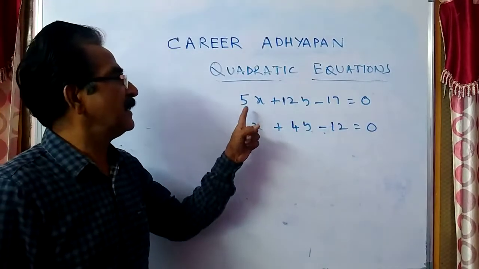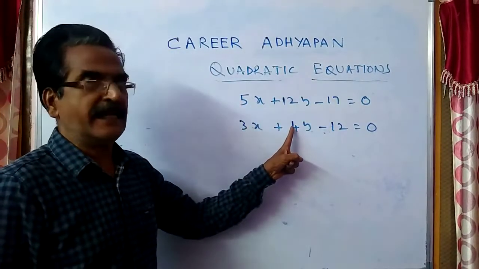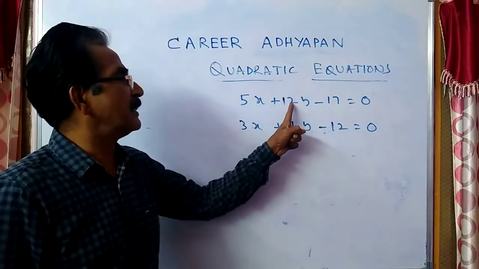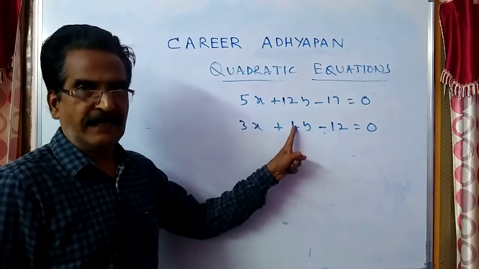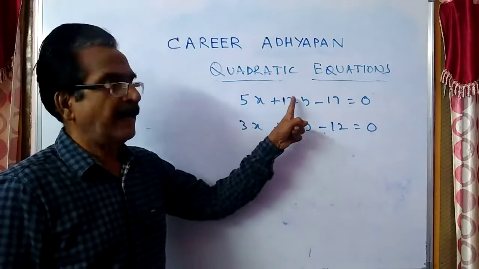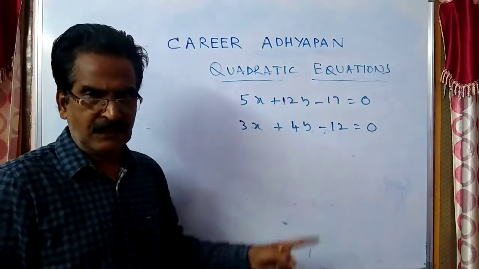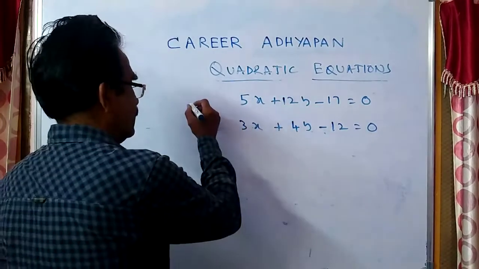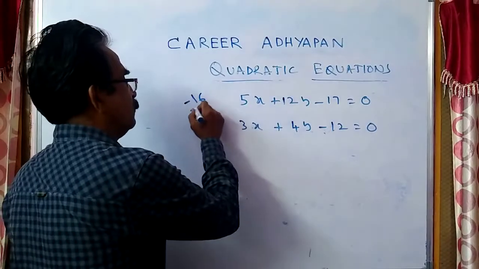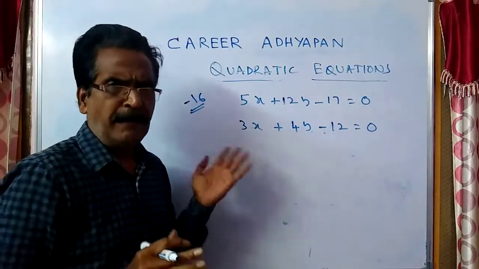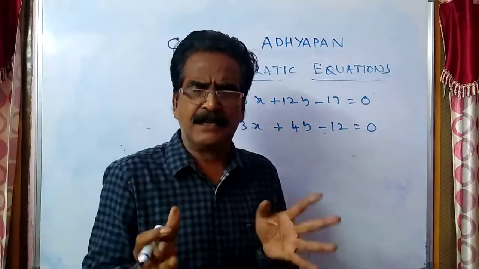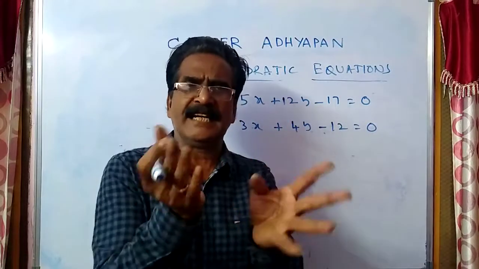See, first thing, this into this minus this into this. 5 4s 20 minus 12 3 is 36. 20 minus 36. Here you are getting minus value. Minus value doesn't make any difference. Finally, we have to reverse the relation.